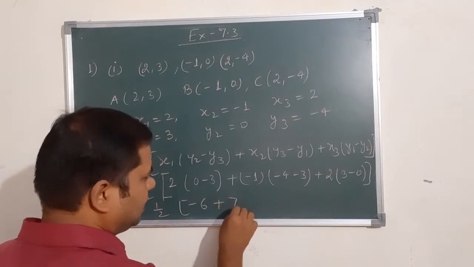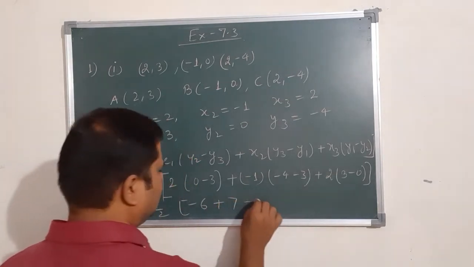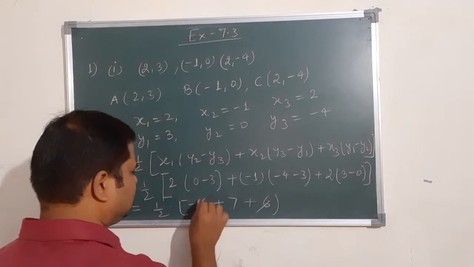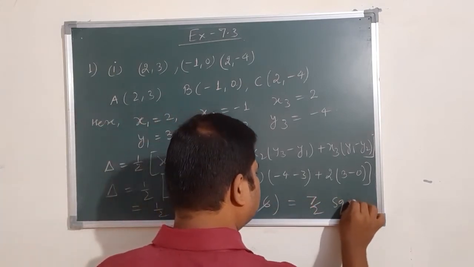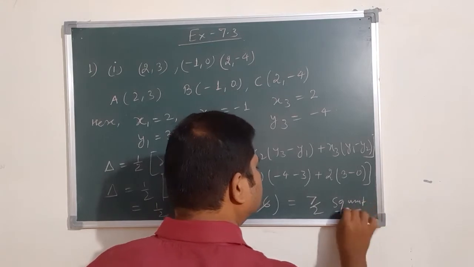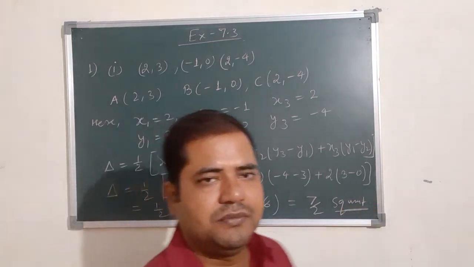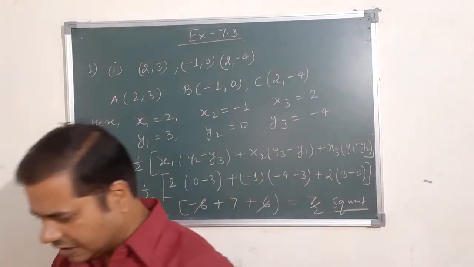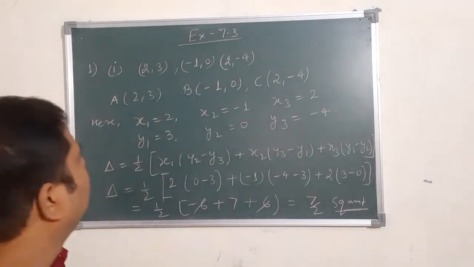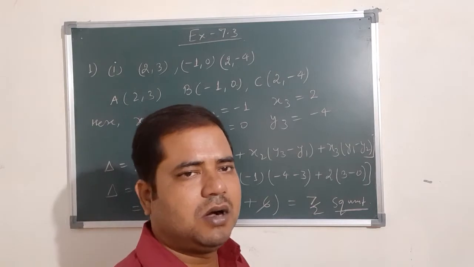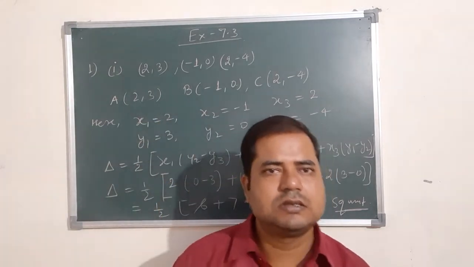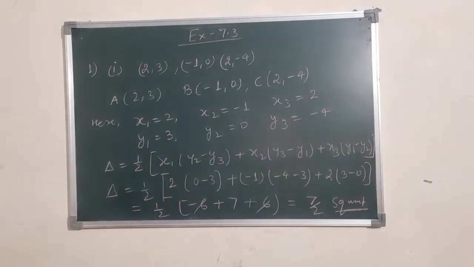This is plus 7 and 2 3s are 6, so this is cancelled out. So your answer is 7 by 2 square unit. This is the area of the given triangle whose vertices are 2, 3, minus 1, 0 and 2, minus 4. So please note it down. Then after next question.